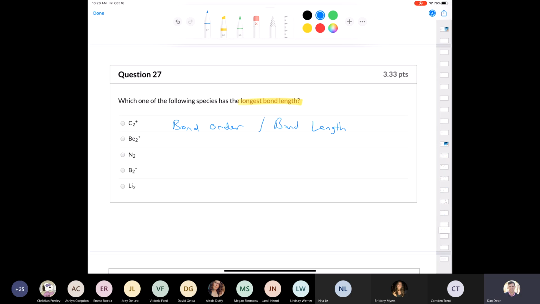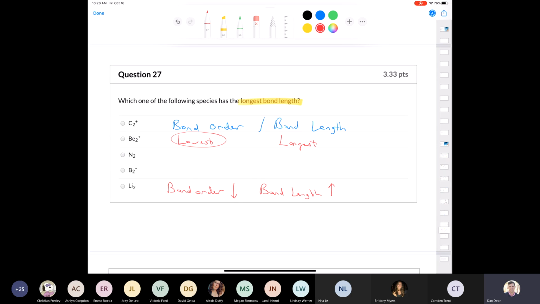Exactly. If I'm looking for the longest bond, I'm going to have the lowest bond order. So I'm looking for the bond order of all 5 of these, and I'm going to figure out which one has the lowest bond order, because we know as bond order decreases, then bond length is going to increase like that.